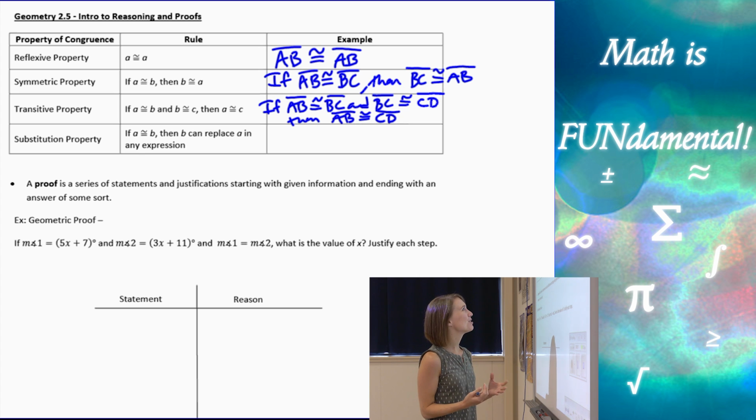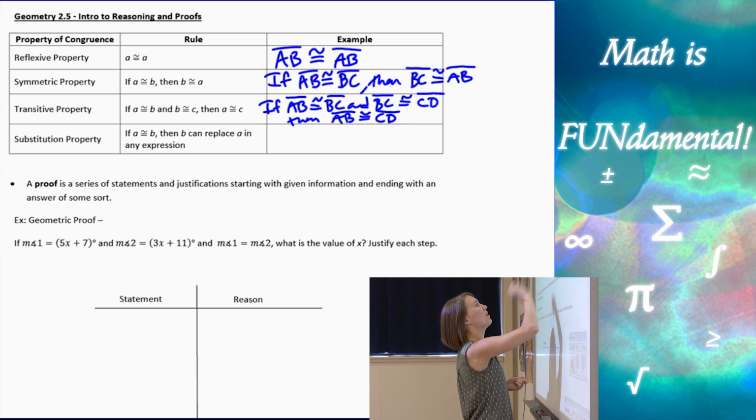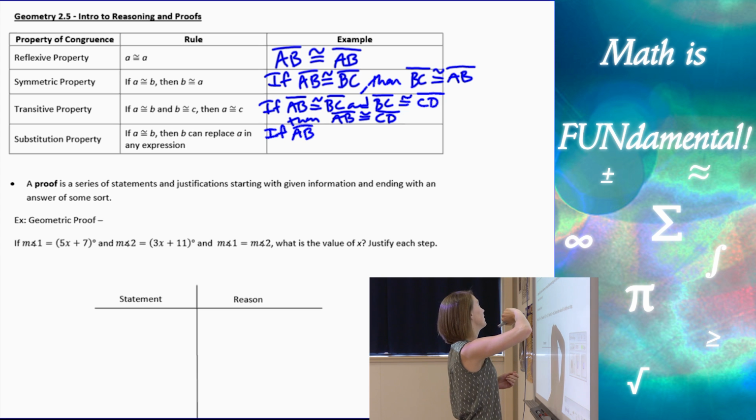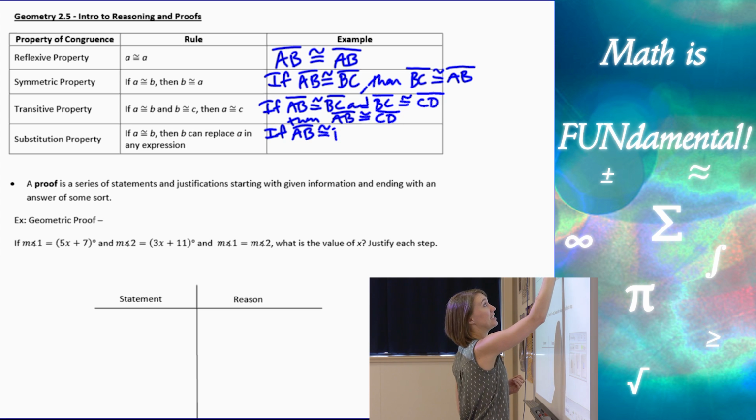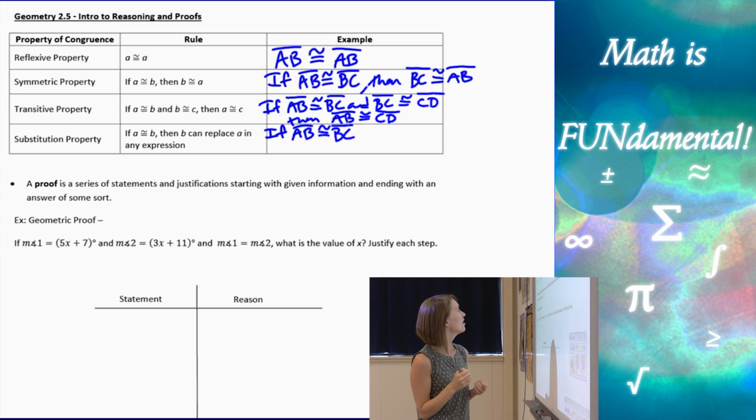All right, and substitution property. So I could say, let's see, if AB is congruent to BC. This one's a little tricky because with congruence, this is going to be very, very similar to transitive.